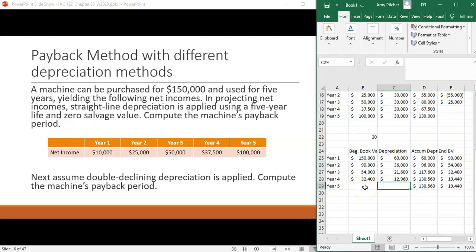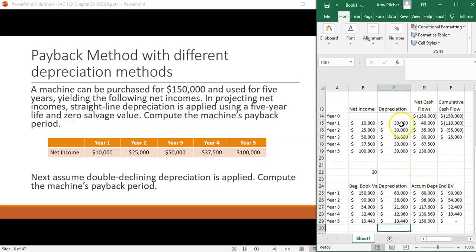So in year 5, we can only depreciate it for the book value, giving us an ending book value of 0. Now we have our depreciation every year for the double declining balance that we can pop into our original table and calculate our payback here.